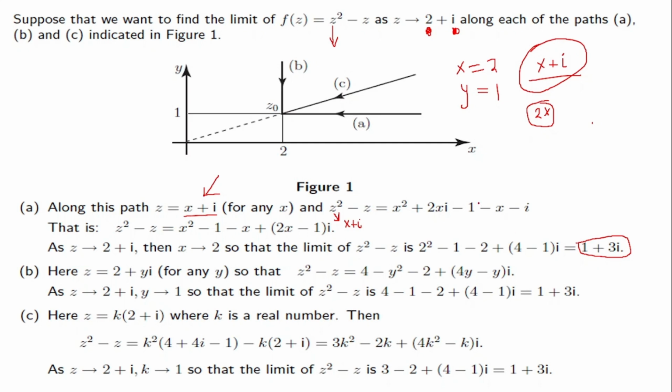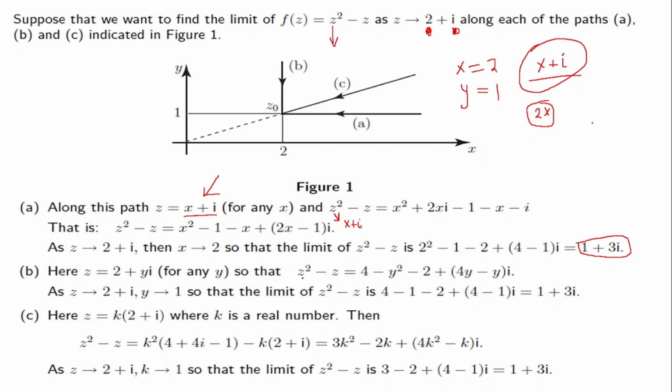Now, the same thing happens in case I set it again. Now, along y, any y, you don't touch the x, but you touch the y. So in this case now, you put y here. So you see 2 plus yi. You don't touch these two. You put your yi, and you do the same thing.